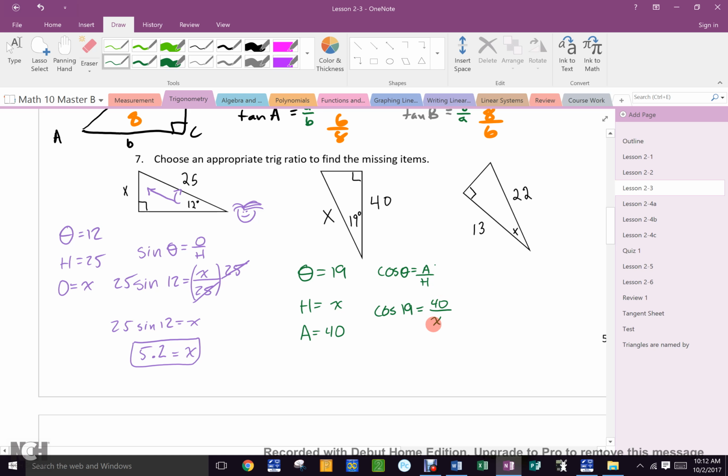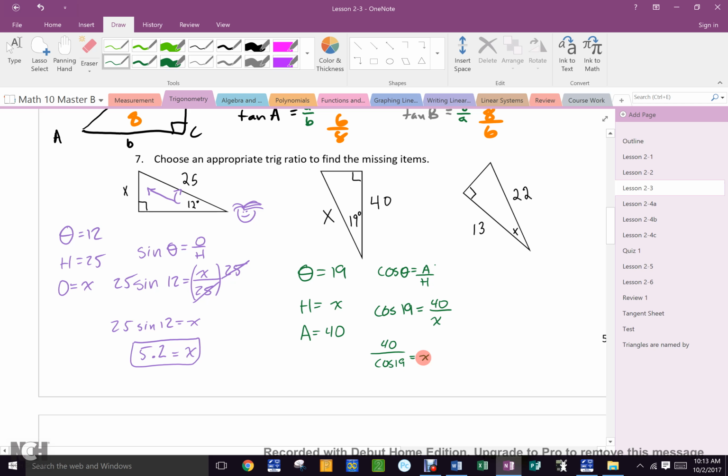Now, algebraically speaking, we went over this a whole bunch, so much so that you should all be able to recognize that 40 divided by cos 19 equals x. Remember, you have to know how your machine does this.